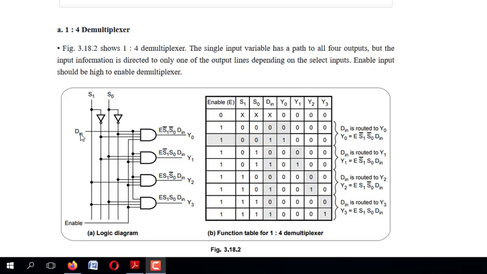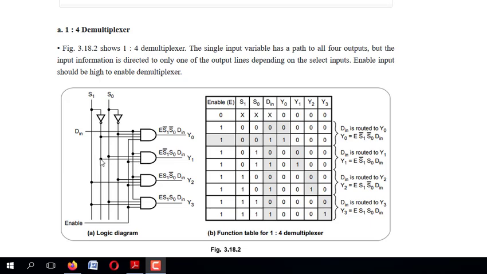Suppose I need to route out the D in into Y1, then what will be my selection line? First, for getting D in at this Y0, we will be giving the selection lines as 0 0. For getting the D in at Y1, we will be giving 0 1, isn't it?